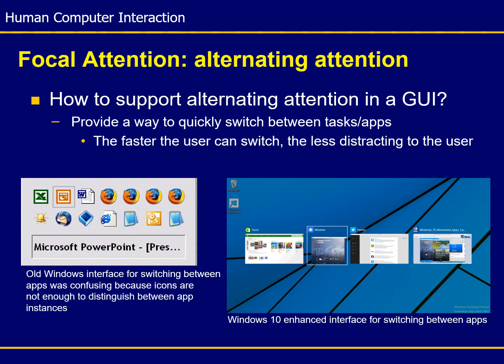On the right side, they enhanced that by, instead of displaying the icon, displaying a miniature screenshot of the actual window. So when you're alternating between them, you know quickly which one to jump to. So here the goal is to decrease the amount of time that you spend switching between the applications that you're alternating between.